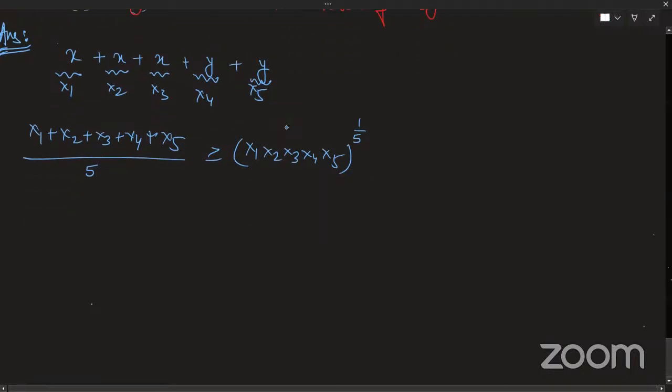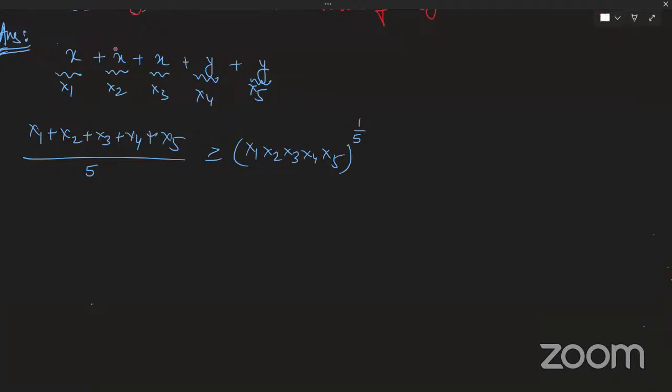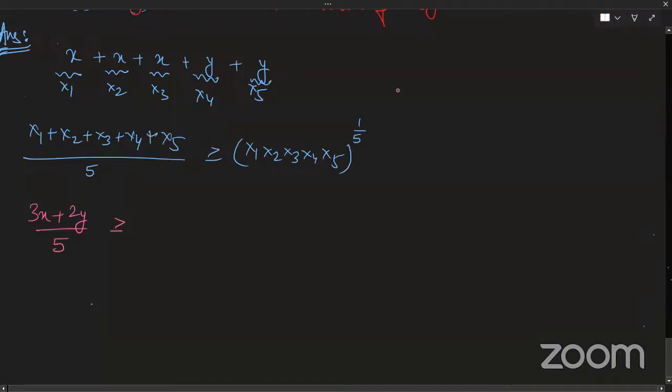What is x1 plus x2 plus x3 plus x4 plus x5? It is basically 3x plus 2y, right? Divided by 5. So 3x plus 2y, divided by 5, is greater than or equal to, what is my right hand side now?